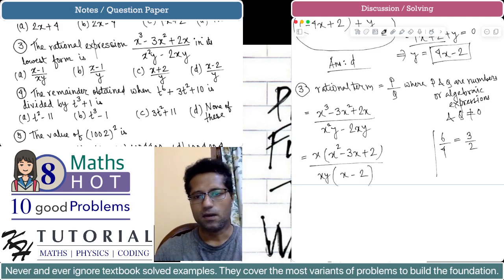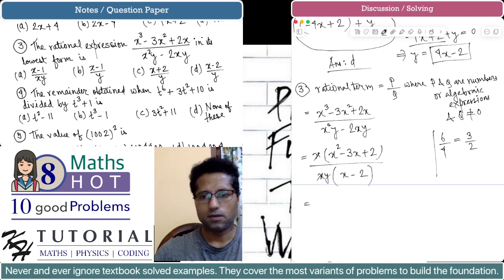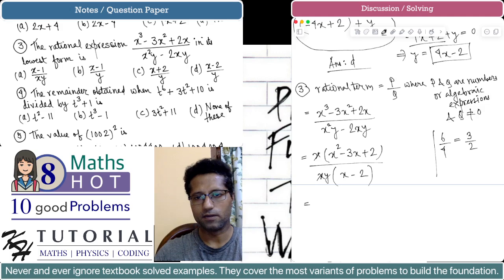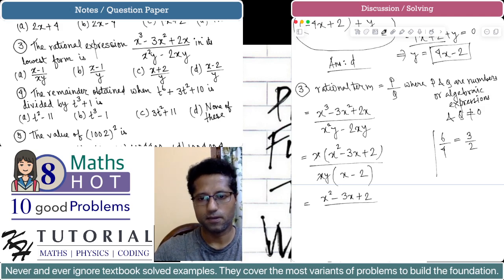Now x cancels out. So this becomes x square minus 3x plus 2 divided by y into x minus 2.